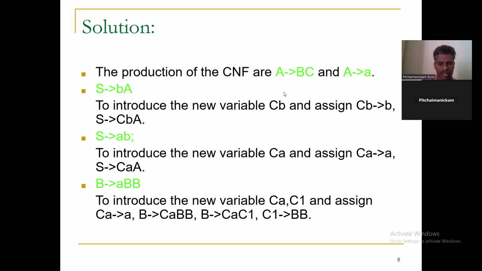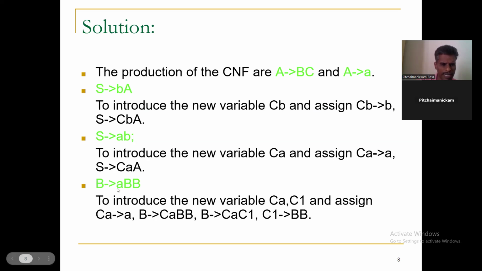We need to convert them into the form A derives BC or A derives a. S derives BA is not in CNF, so introduce a new variable Cb with Cb derives b, giving S derives CbA. Note it down. Next, S derives AB: introduce a new variable Ca with Ca derives a, so S derives CaB.